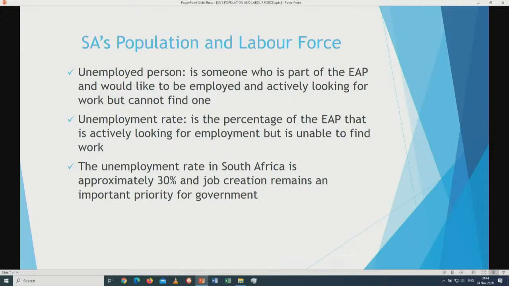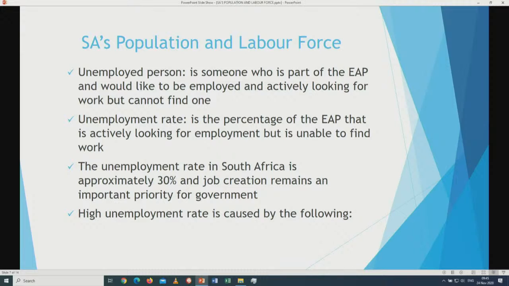So those are people who are discouraged to look for employment. So their numbers are not included in the unemployment rate numbers.